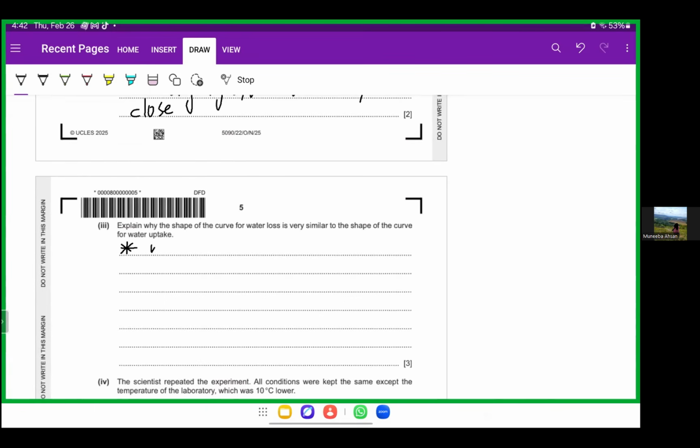So what happens? Water evaporates. Then what happens? It reduces water potential. Then what happens?